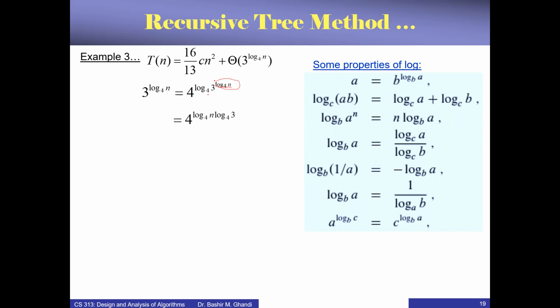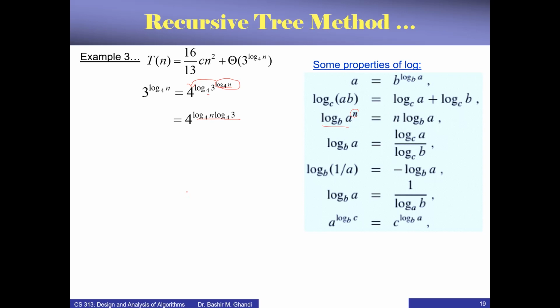Clearly we can take this and multiply it with the log, as we all know. For example, log of a to power n to base b is the same as n times log of a to base b. That is just what we are doing here: take the log of n to base 4 and multiply it by that. And this is what you have.